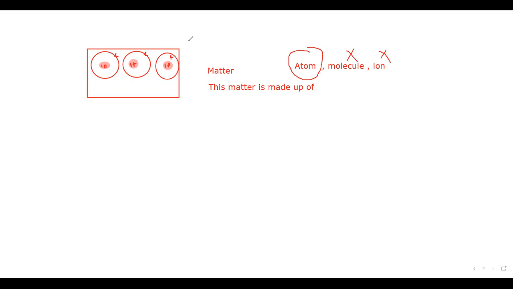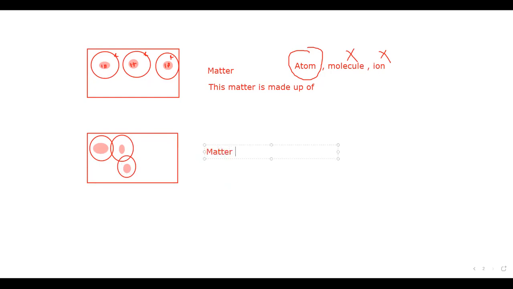So if it was a molecule, how should it appear? It should appear like this, with atoms joined together. In a molecule we may have two atoms, three atoms, it can be a different number, but they should join together.